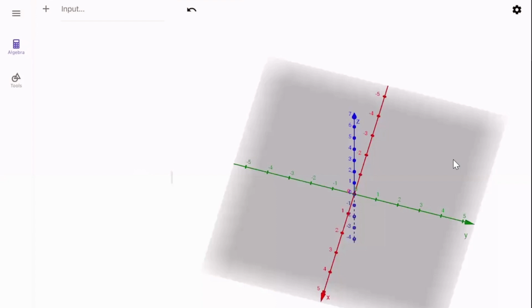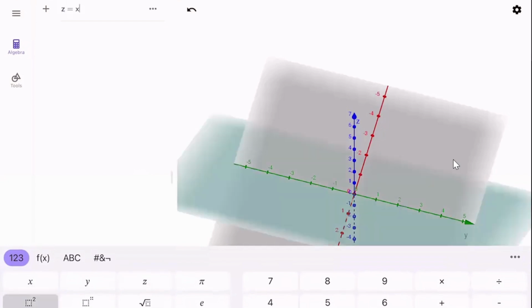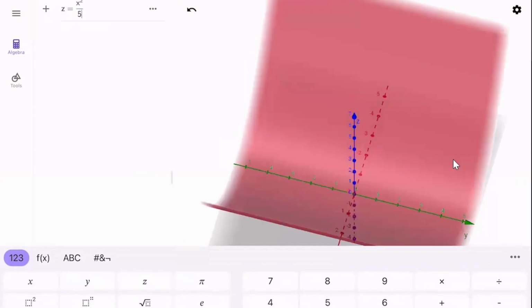All right, so now let me show you some graphics of this in a graphing calculator. That way, at least you have an idea of the surface and the curve of the intersection. So first thing we're going to type in is our surfaces. One of the surfaces you had was z equals x squared divided by 5 plus y squared.